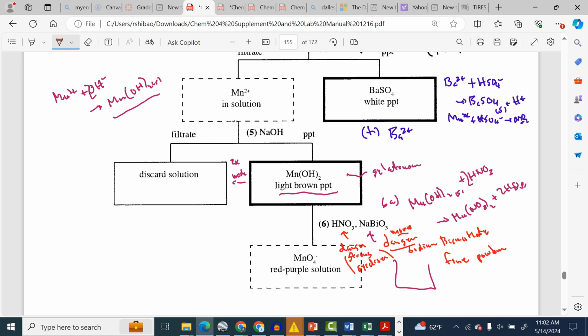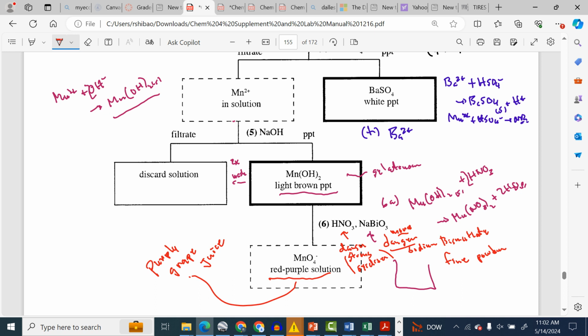But what you're looking for is for this solution to turn into grape juice. Like purple grape juice. That's permanganate. Yeah, so you're looking for a liquid, not a solid precipitate.